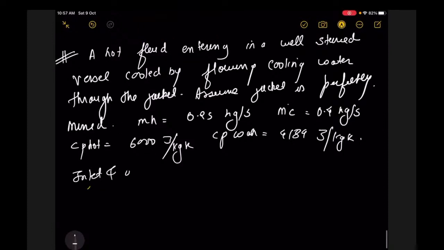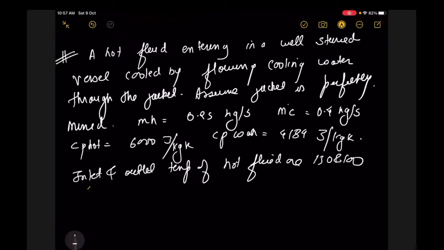Inlet and outlet temperature of hot fluid are 150 and 100 degrees centigrade respectively. C in is 20 degrees centigrade. U equals to 500 watt per meter square Kelvin.